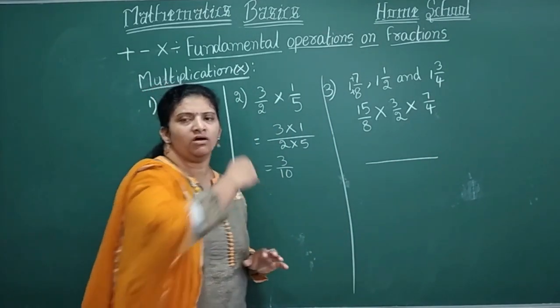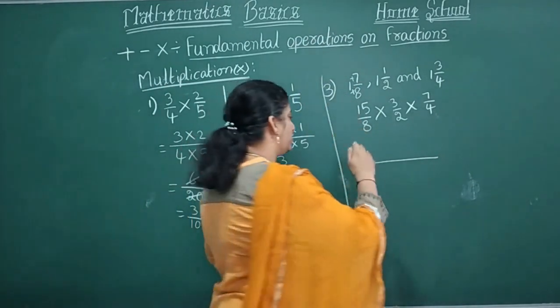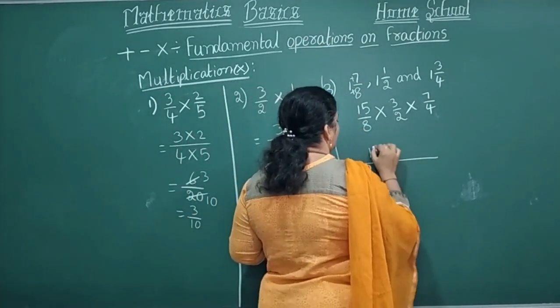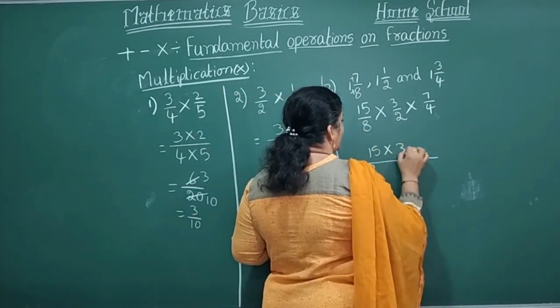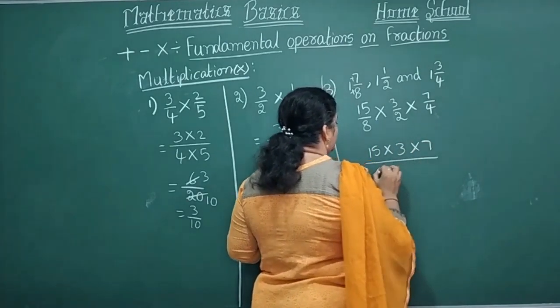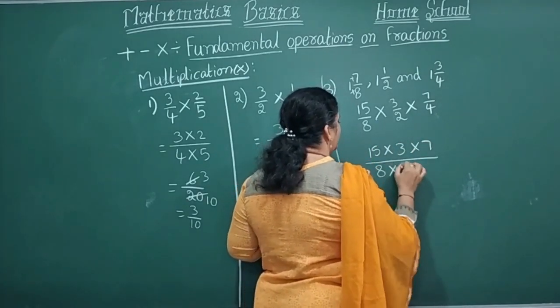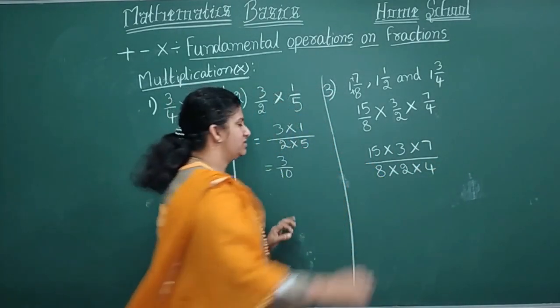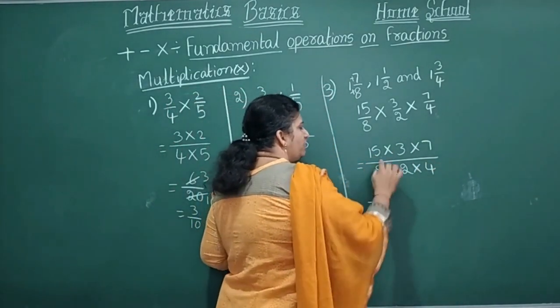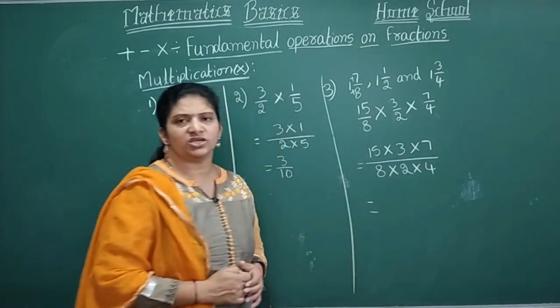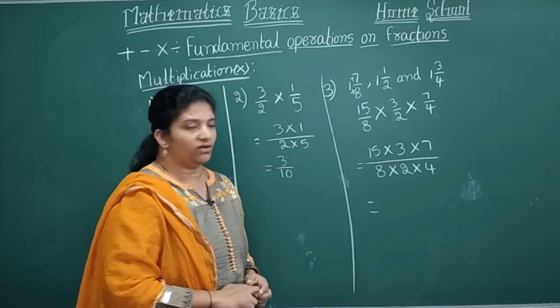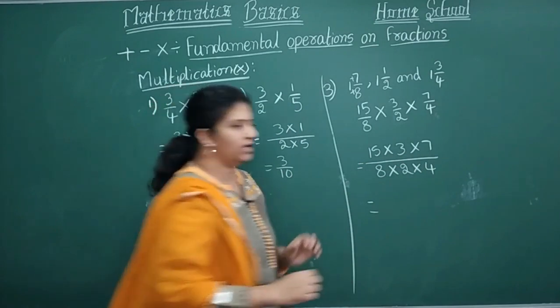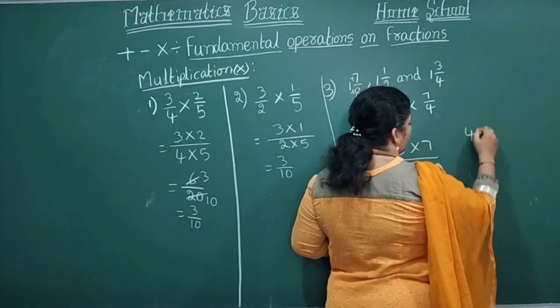In the same manner, all numerators multiply on the top row, 15, 3, 7, and the denominators 8, 2, 4 all multiply like this. Now 15 3s are how much here? 45. 45 7s are, if you can't remember, do it like this.